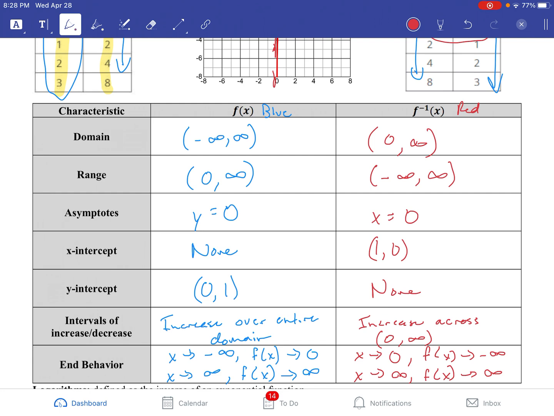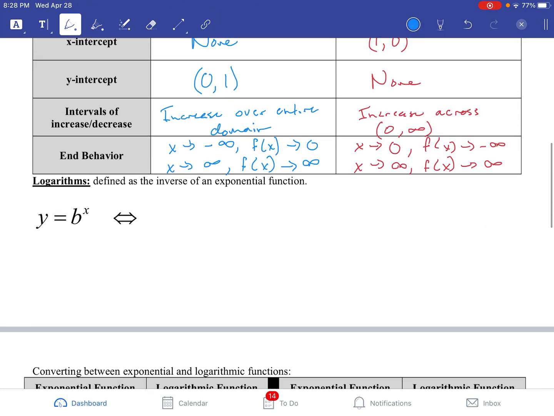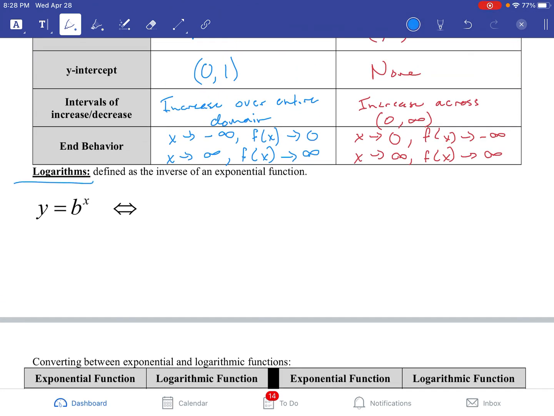Now the inverse, as I had mentioned before, has a specific name, and that name is a logarithm. Logarithms are used to solve equations where the exponent is a variable and you don't know what it is. Now you can go back and forth between exponential and logarithmic equations, but sometimes you just have to use logarithms. That's for a different time.